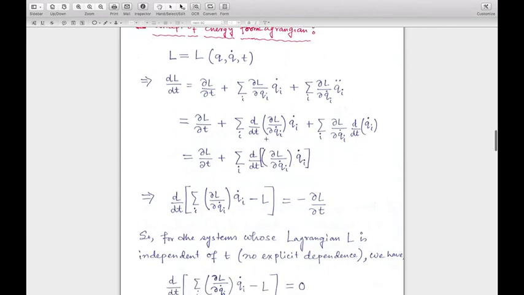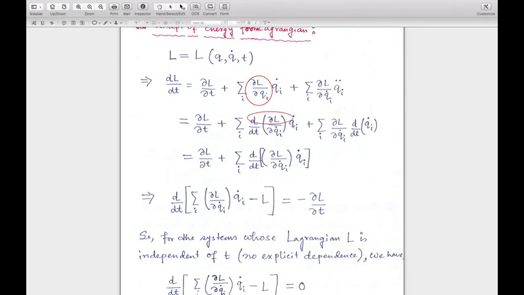Now remember, this is a useful trick which we will use very frequently in the Lagrangian formulation. That is, this ∂L/∂qi we simply replace by d/dt of ∂L/∂qi dot, because L satisfies the Euler-Lagrange equation for every qi, right?